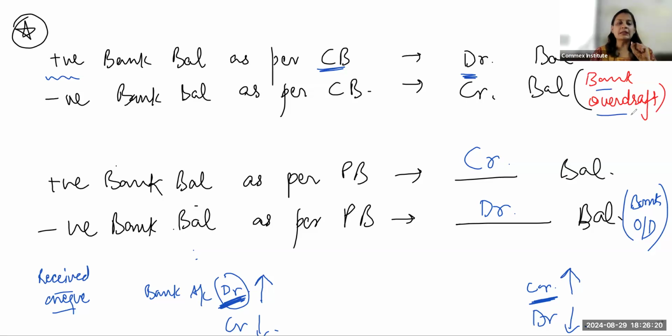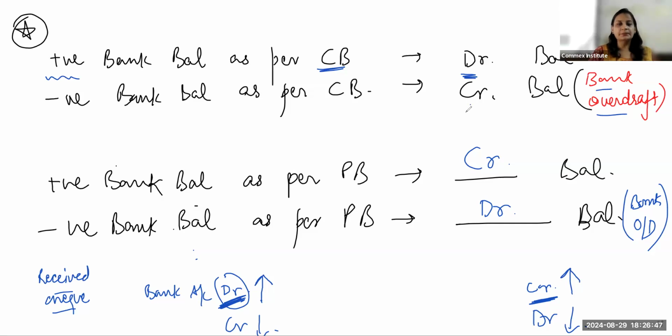I had a bank balance of 10,000 rupees. I made a payment of 12,000 rupees. Now what will happen? I can do that because the bank provides me a facility called bank overdraft, where I can overdraw, I can make payments more than my bank balance. So I had 10,000 bank balance, I paid 12,000, so it became minus 2,000. But in accounting we do not call it minus 2,000, we call it 2,000 credit.